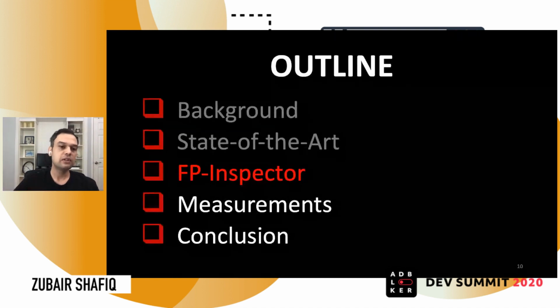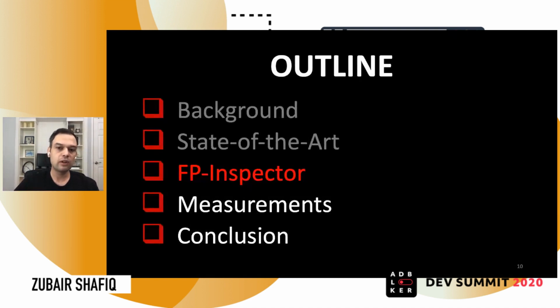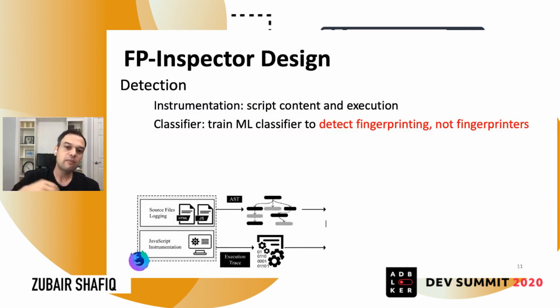To address some of these issues, we have been working on developing machine learning techniques to automatically detect browser fingerprinting scripts. We proposed a system called FP Inspector. FP Inspector uses machine learning to automatically analyze and detect fingerprinting scripts based on their behaviors. It detects the existence of fingerprinting, but it's not trying to detect a particular fingerprinter.